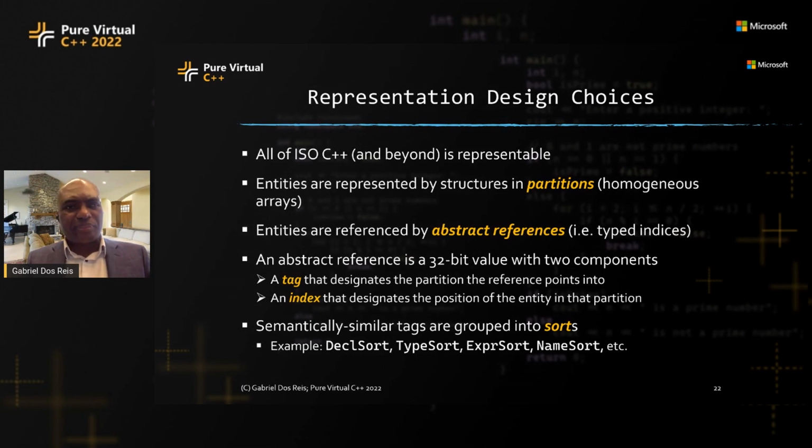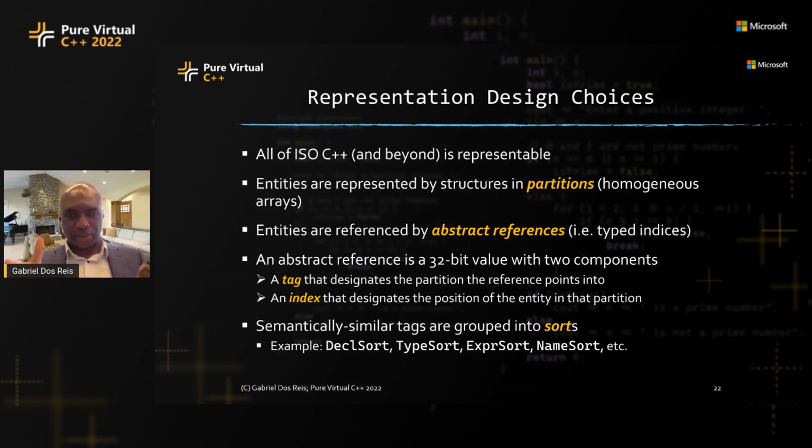Now, the end goal is that we have all of ISO C++ and beyond, because we need to be able to represent extensions. The way we deal with this, to have simplicity, is that it's very hard to beat tables. So we start with homogeneous tables, arrays, and we call them partitions.